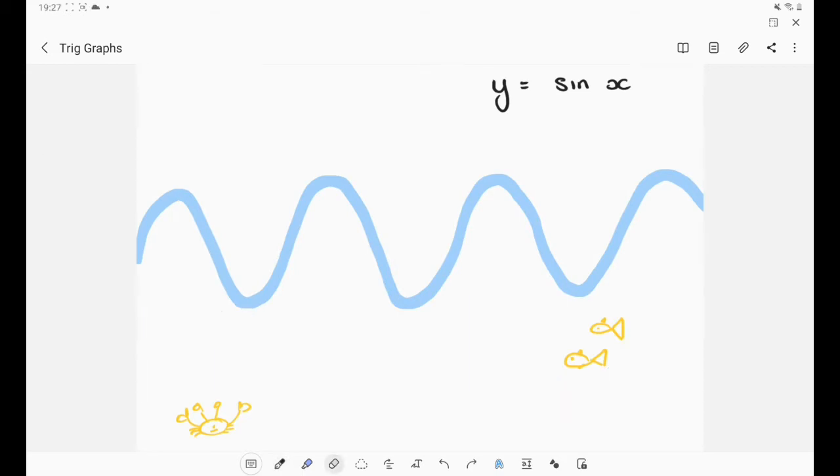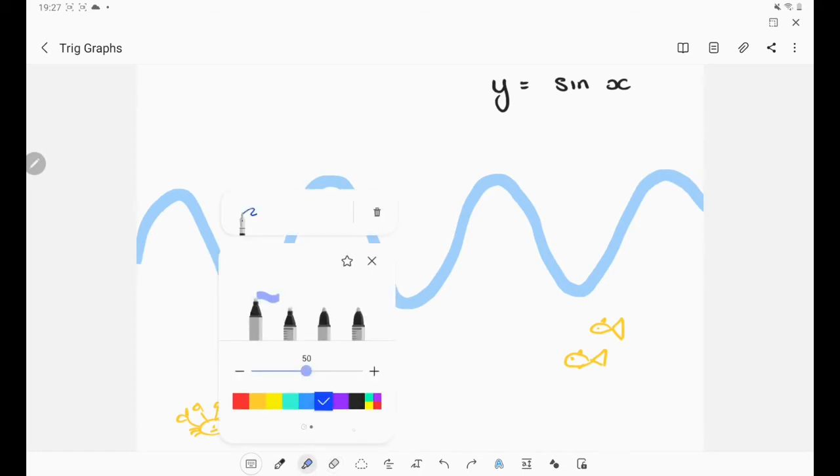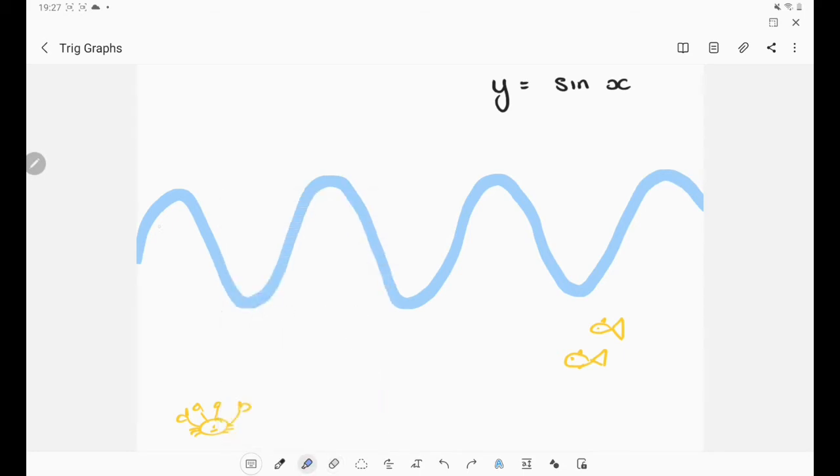We've looked at how our waves can be affected due to the weather, so stormy weather, bigger waves, and how they can be affected due to the time of day in terms of the tides. But there's other things that can happen. For example, we can have more or less waves in the same amount of time. So I'll just sketch this.